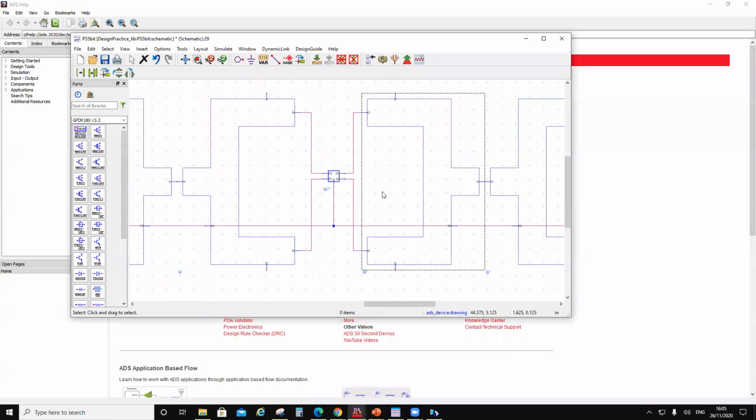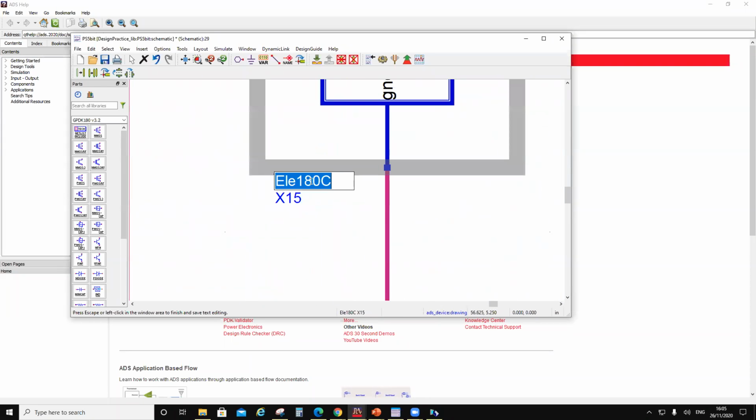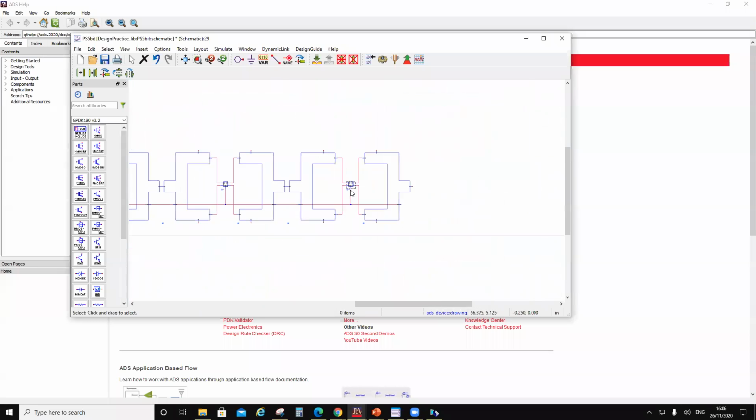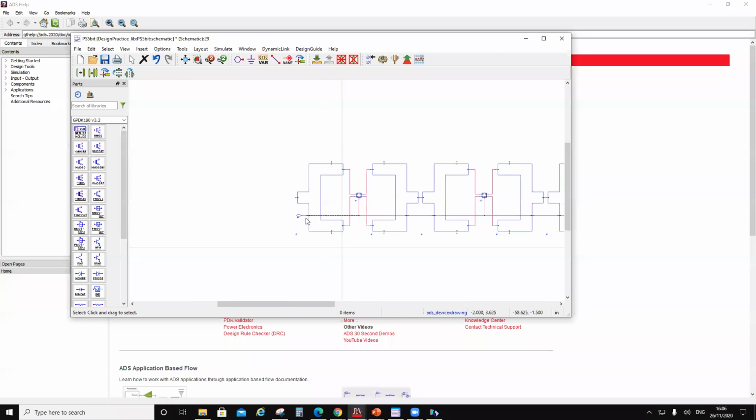So this is 22.5, and this one, the last one, is going to be 11.25. Sorry, _25. Okay, so we are done. We have got 180, 90, 45, 22.5, 11.25. We have got the ground.